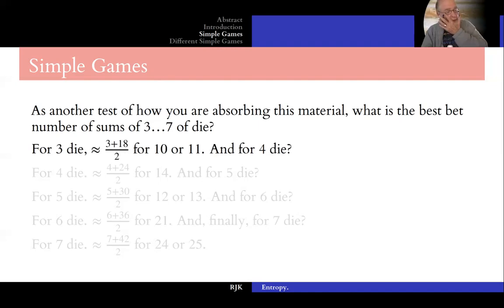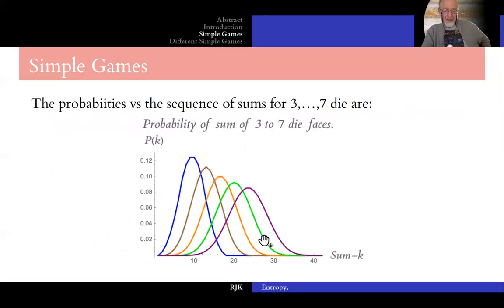Okay. Well, we were just going through in the picture up here and saying that if you knew the range over which the results were between, for 3, it was 3 and 18. And for 4, it was between 4 and 24. So you add the 2 together: 4 plus 24 gives you 28. Divide by 2, 14.